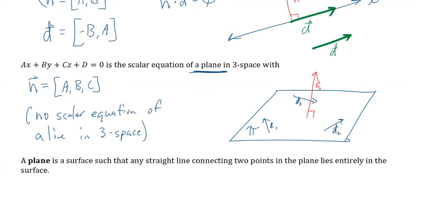The other thing that you want to know, and this will be apparent throughout what we do, is that identifying the equation of a line versus a plane is very straightforward, but it's something you need to be able to do easily.